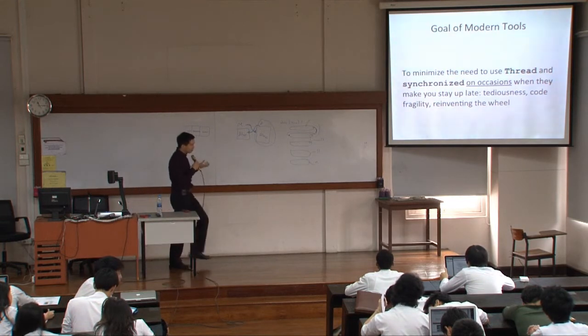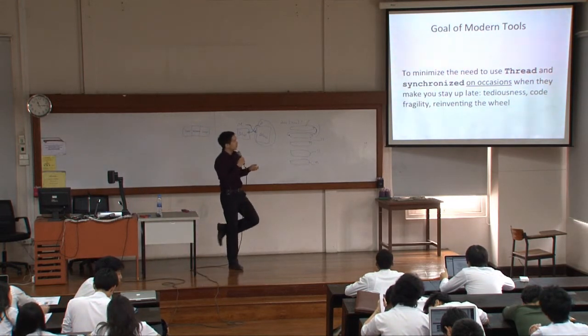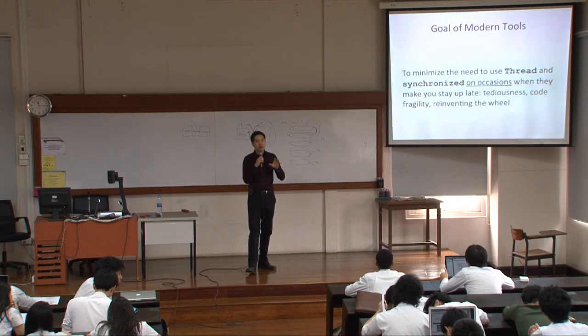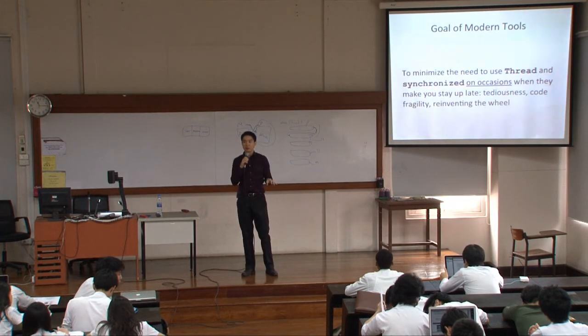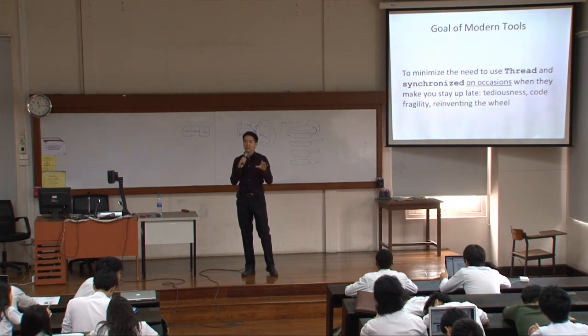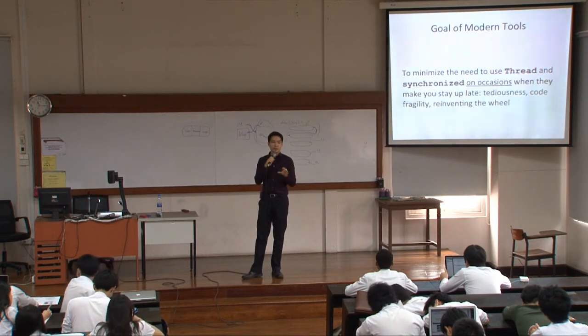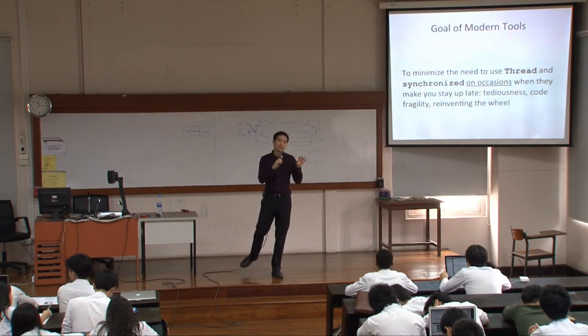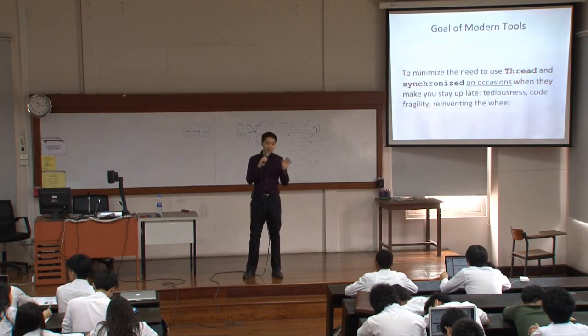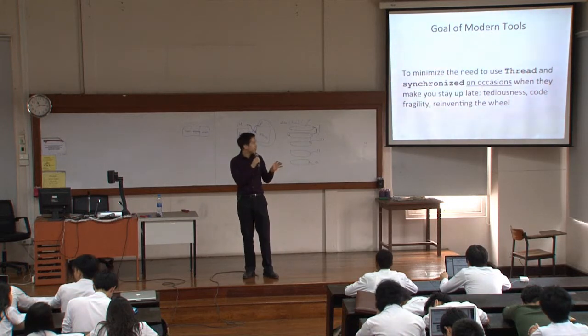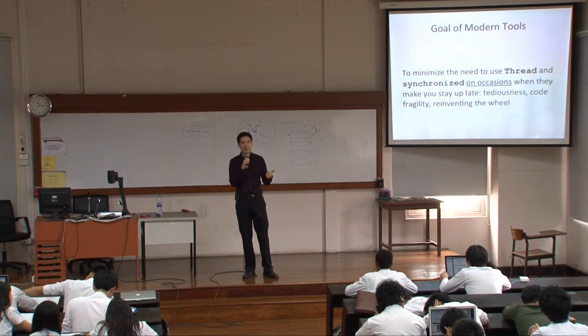So why am I teaching you the modern tools? Because we want to stay away from the primitive tools as much as possible. By using the modern tools, you don't need to explicitly or directly use the Thread class or the synchronized keyword.